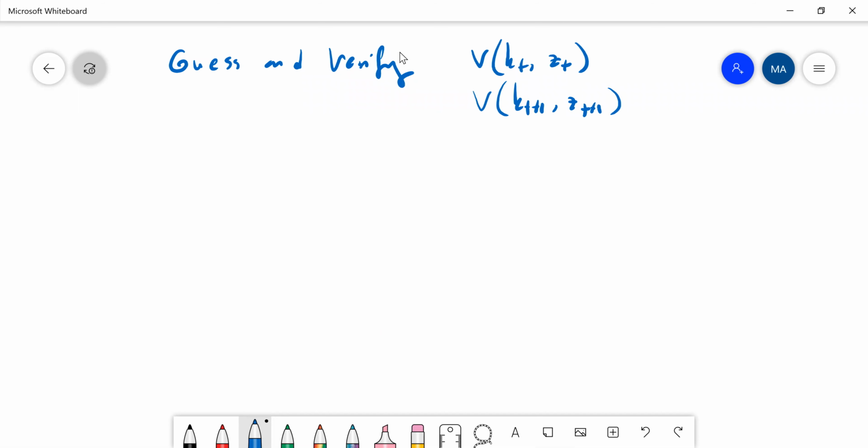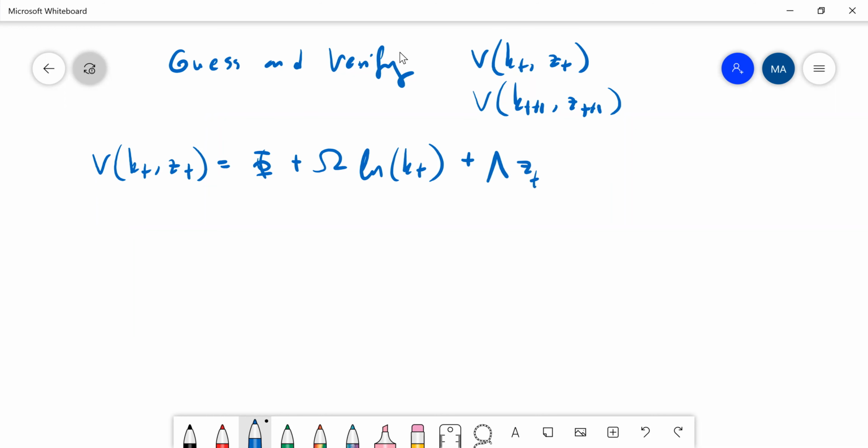So how can you do that? Let's say the guess is this. Let's say you have a constant here, and then you have that, as in the earlier case. That was the earlier deterministic version. Now there has to be a ZT here, and I'm putting this linearly. Why? Look at your production function.